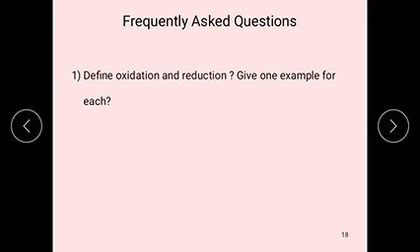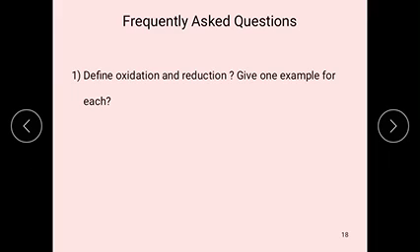In oxidation reactions, we observe the increase in the oxidation number of an element from 0 to a positive value. The oxidation state is equal to the total number of electrons lost in a chemical reaction.